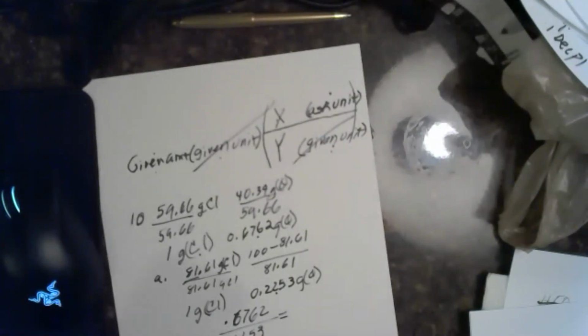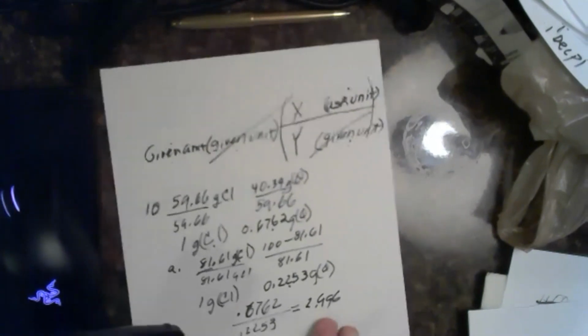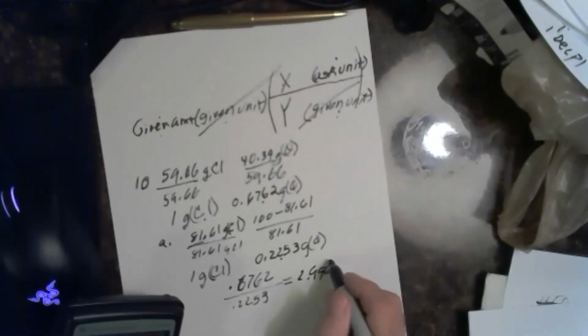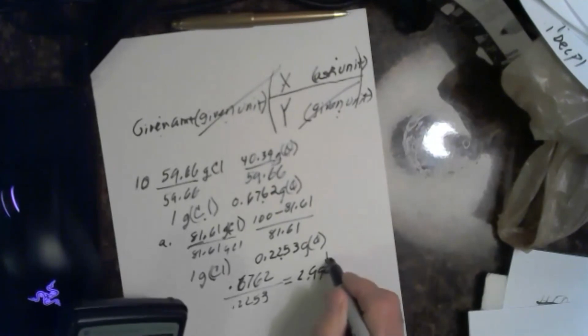I've got all the digits. So I won't worry about that. I'm going to take 0.6762 and divide by the answer I've got still stored. And what I come out with is 2.996.